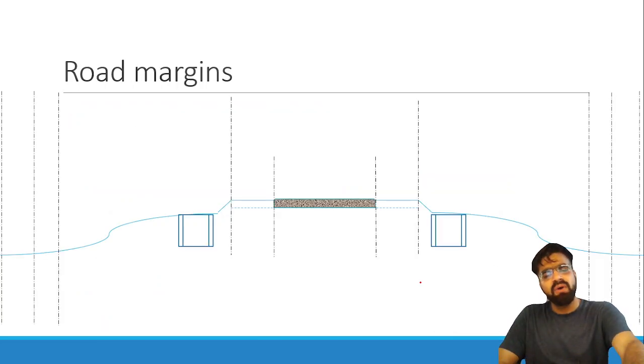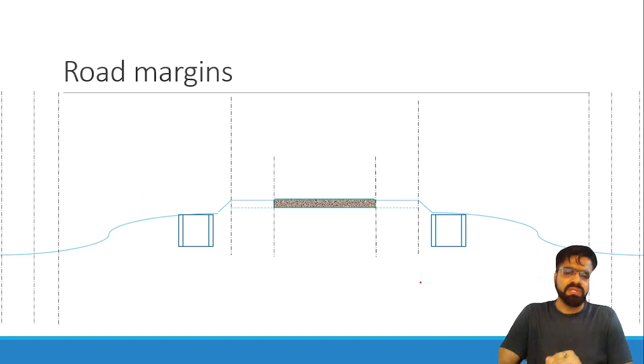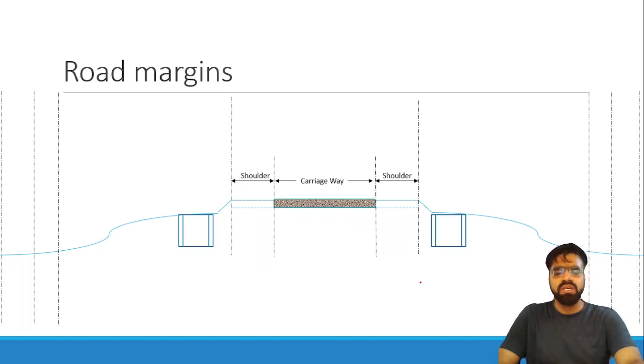Let's see how we define the road space. Here you can see a diagram. We'll understand one by one the various margins provided on the road. The space in the center is used for running vehicles, so this space is known as carriageway. The additional space by the sides of the carriageway is known as shoulders.